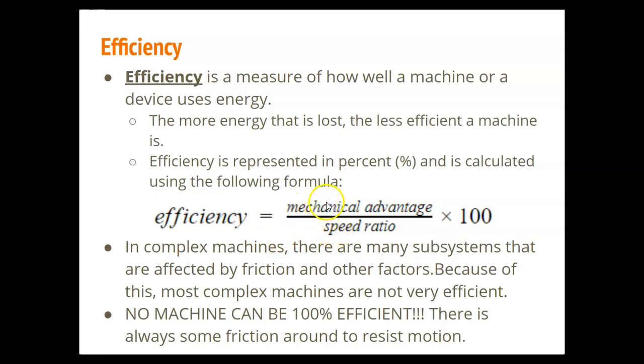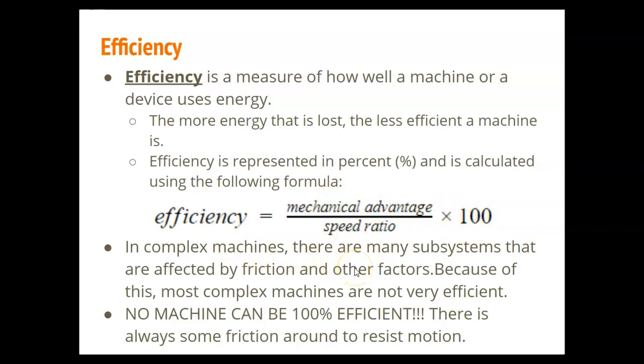It's simply mechanical advantage divided by speed ratio times 100. Remember, that ratio is going to come up as a decimal, and then multiplying it by 100 is going to turn it into a percent.